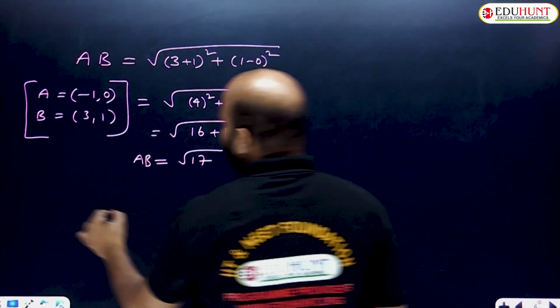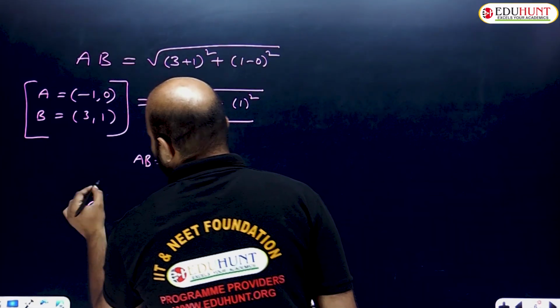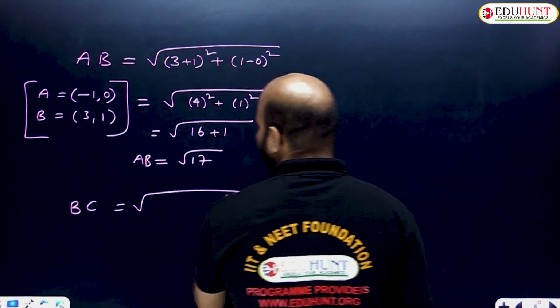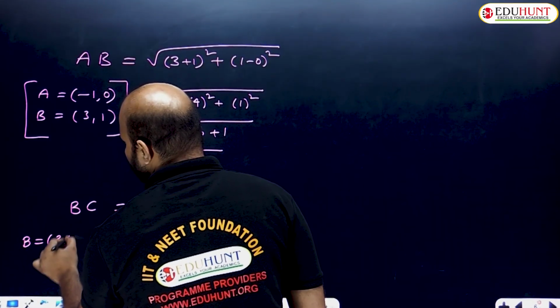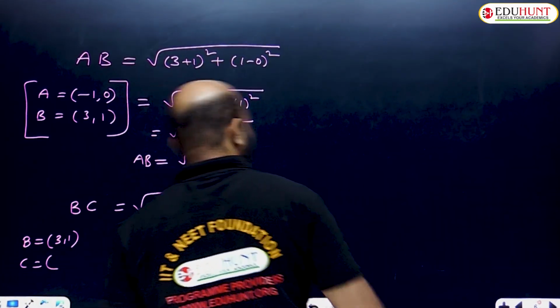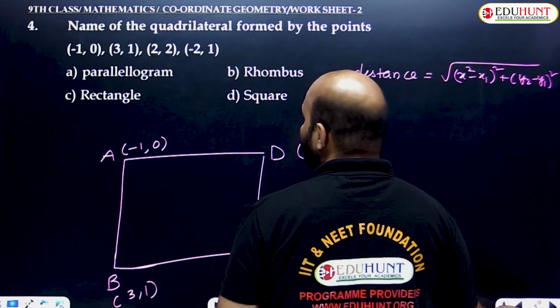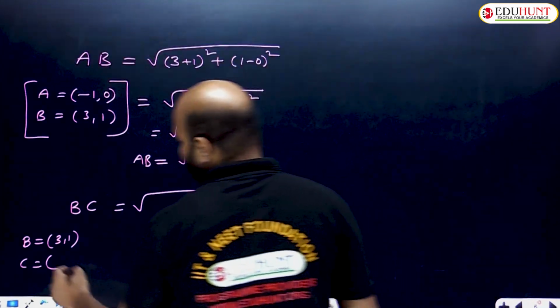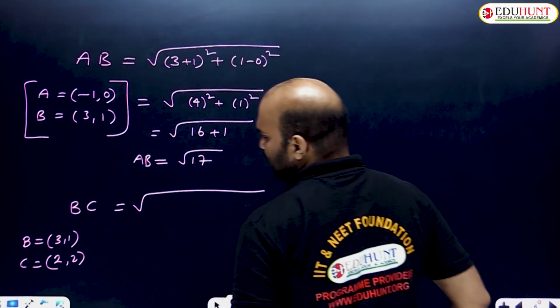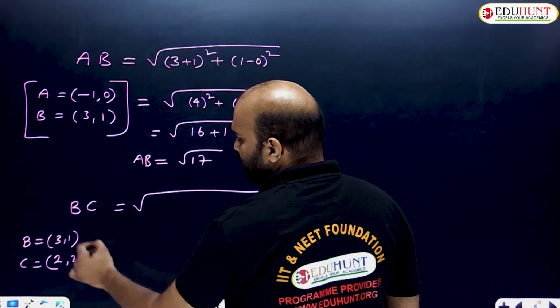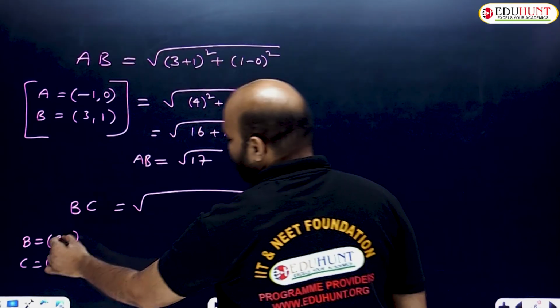Again, we have to find the BC distance by using the distance formula. Here the B coordinates are 3, 1 and the C coordinates are 2, 2. By using the distance formula, the C value is x2, y2, and the B value I have taken as x1, y1.